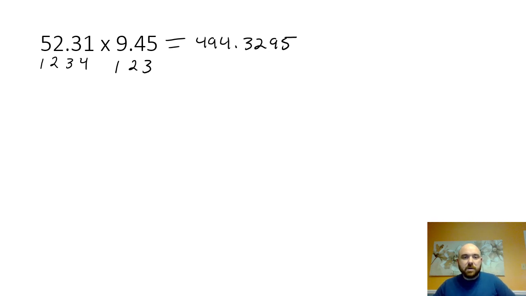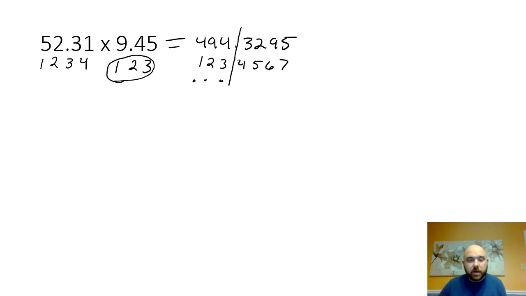And so we must round our answer to the lowest number of significant figures. In this case, we have 1, 2, 3, 4, 5, 6, 7 significant figures in the answer that the calculator gives us. And we have to round that off to only 3 significant figures because that's how many significant figures were in the 9.45. So if we're going to round to 1, 2, 3 significant figures, we have to round at this point right here, right behind the decimal.